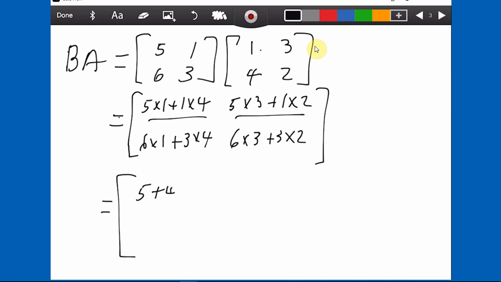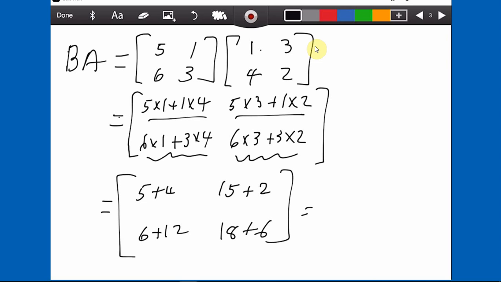The next one here, 15 plus 2. Next one here, 6 plus 12. Next one here, 18 plus 6. And then when you add them up, you get 9, 17, 18, and 24 for that.